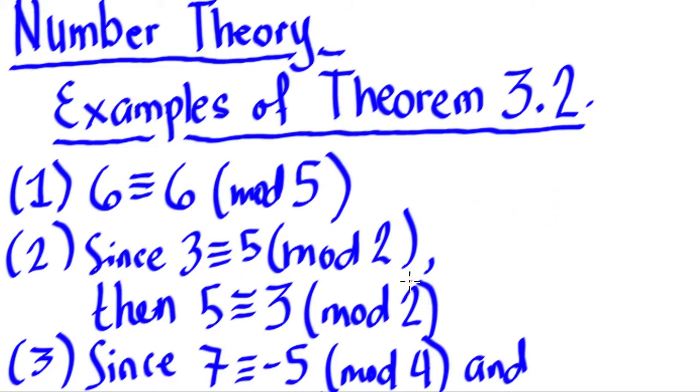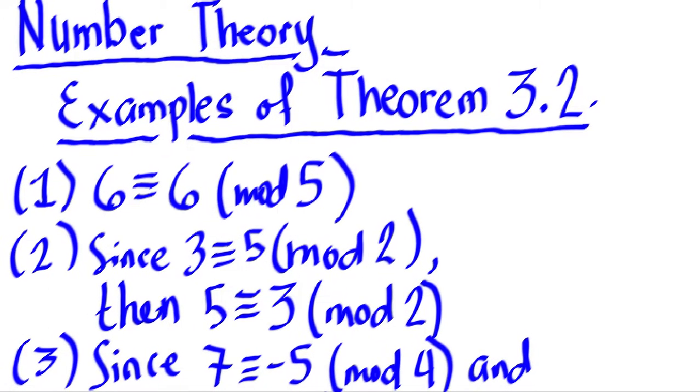So example 1 here actually shows the reflexive property, wherein if they are the same, given mod m, meaning they're the same. So 6 is congruent to 6 mod 5 by the reflexive property.